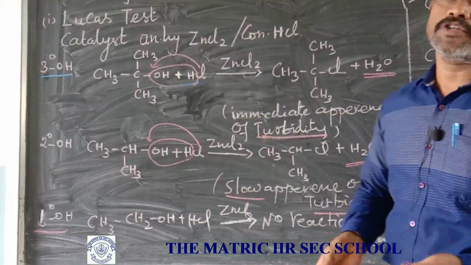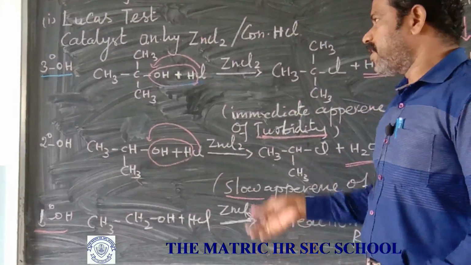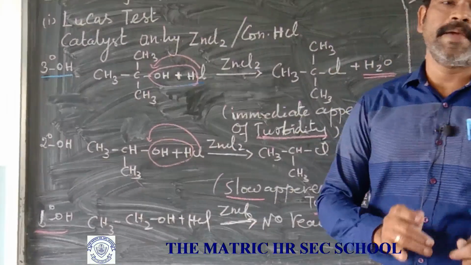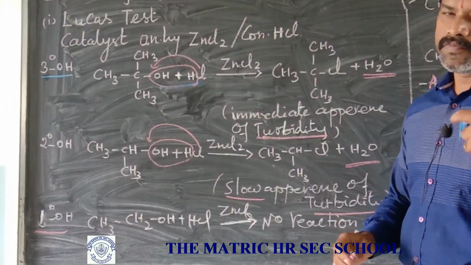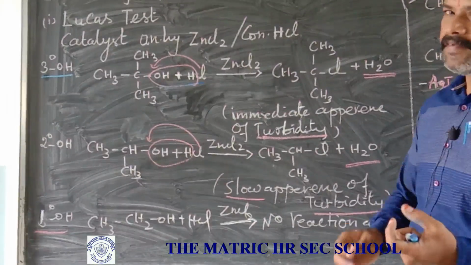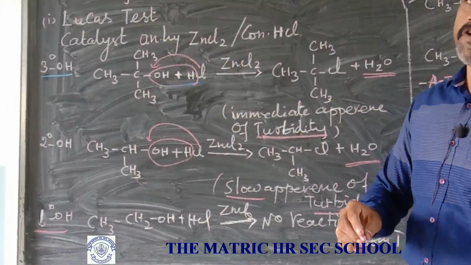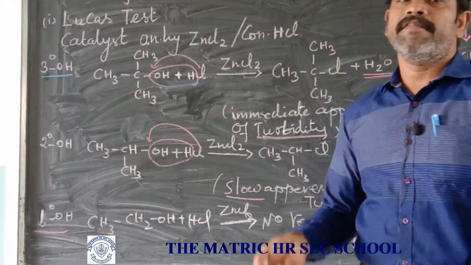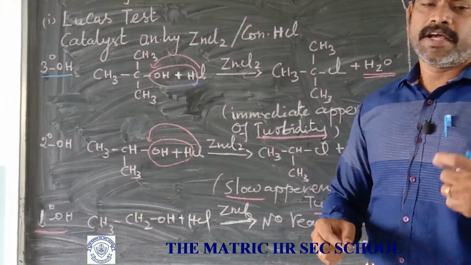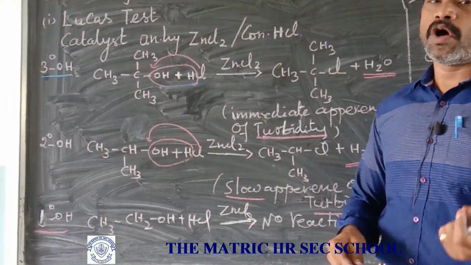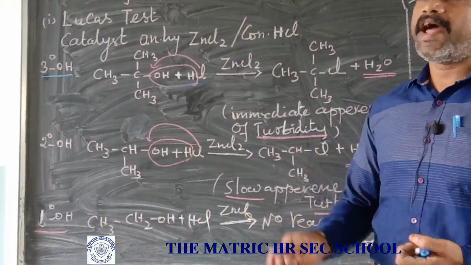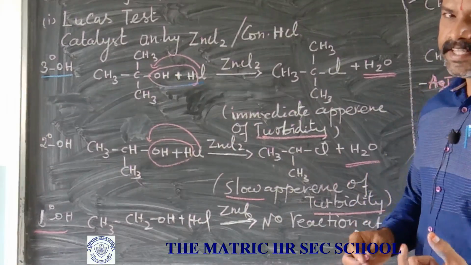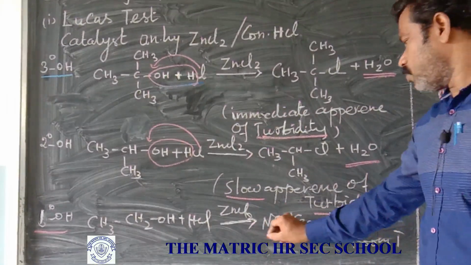This way the difference between primary, secondary and tertiary alcohol is easily identified. For the tertiary alcohol, add the Lucas catalyst and the derivative forms immediately. For the secondary alcohol, the derivative forms slowly, in 5 to 10 minutes. For the primary alcohol, there is no reaction.